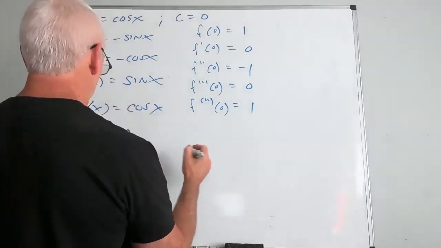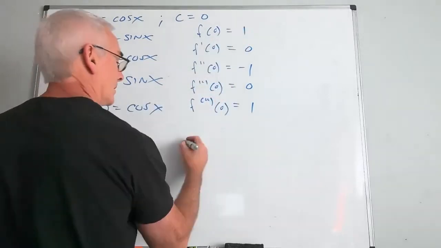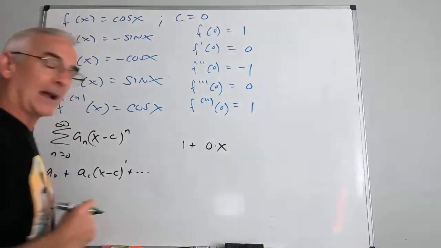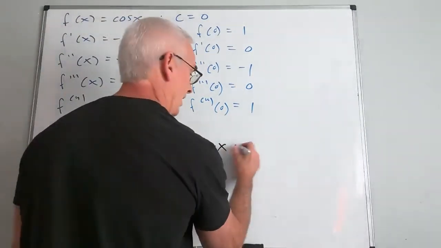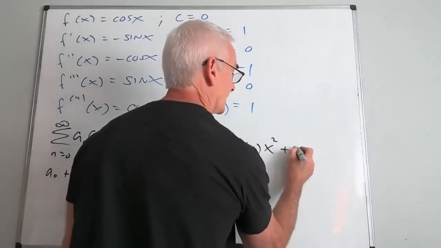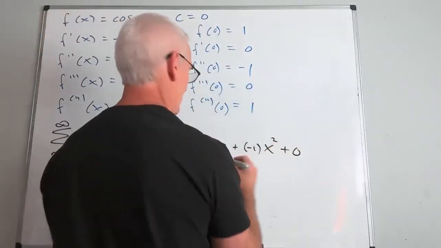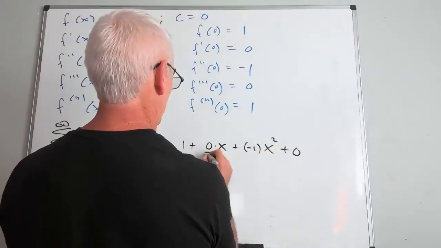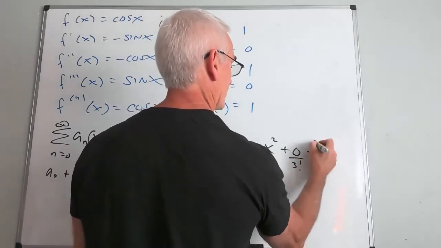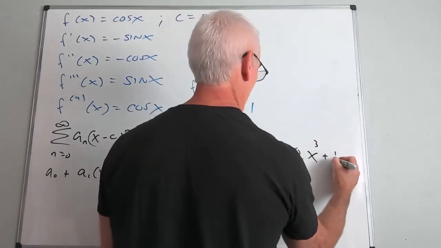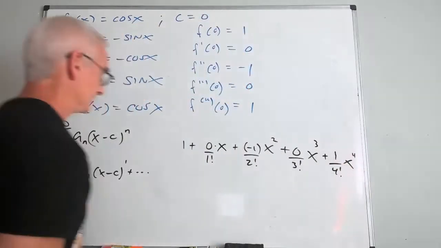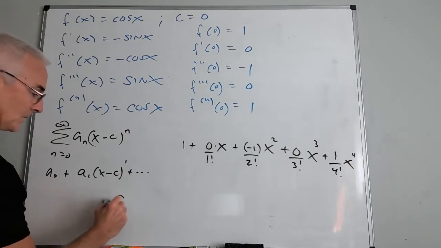So in this case here, I'm going to have a0 plus a1 times x minus 0 to the first power over 1 factorial, plus a2 times x minus 0 to the second power, plus a3. Oh, I'm sorry, lost. Sorry, that should be over 1 factorial. Almost lost those guys. Then plus a4, which should just be 1 in this case. Okay, again, reminding ourselves.